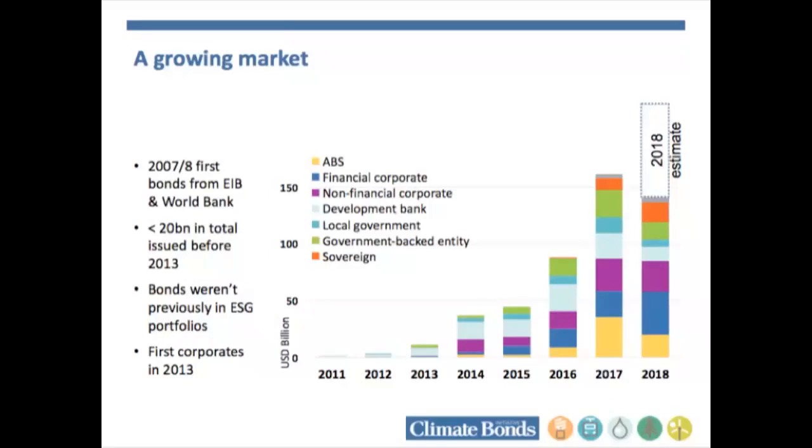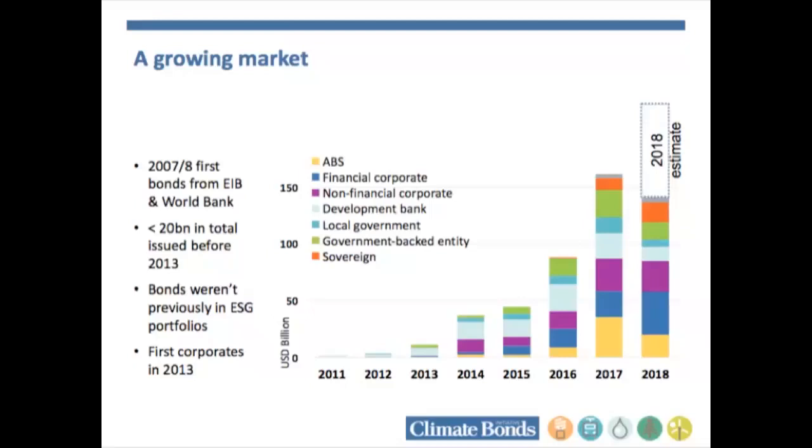We got the first corporates started entering and issuing green bonds in 2013, and since then you can see here by the splits up in the bar graphs that this market has really diversified in terms of issuer type since it started in 2007, 2008.